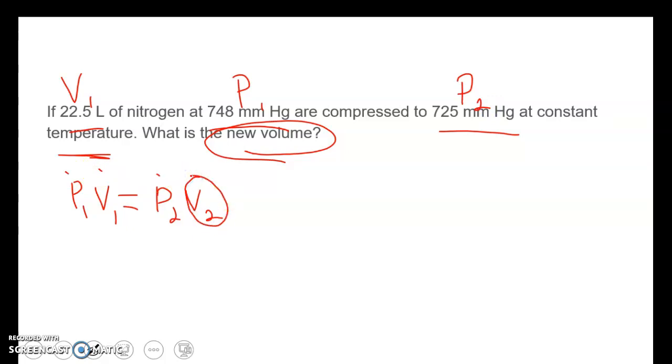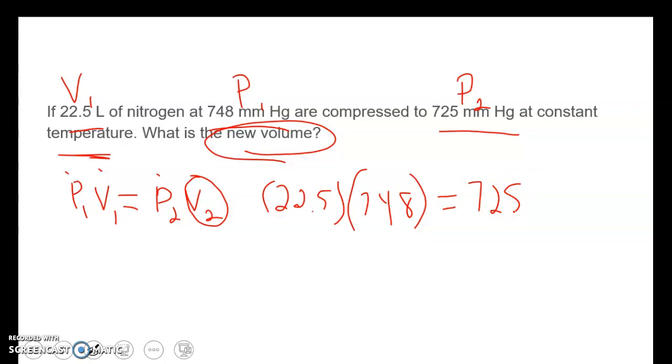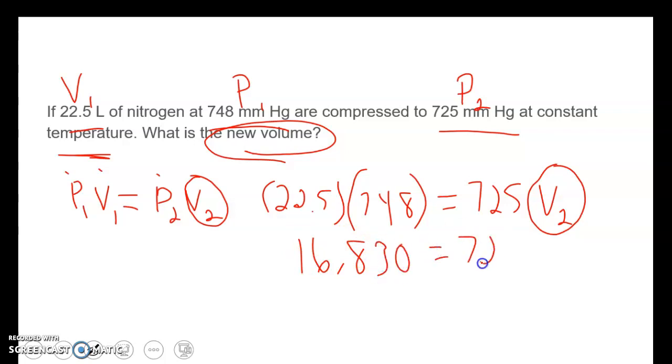So now I just substitute in. So I take 22.5 and put that in for V1. For P1, I put 748, and that's going to equal 725 times V2. So again, I'm solving for V2. So I'll take 22.5 times 748, and I get 16,830. And that's going to equal 725 times V2.